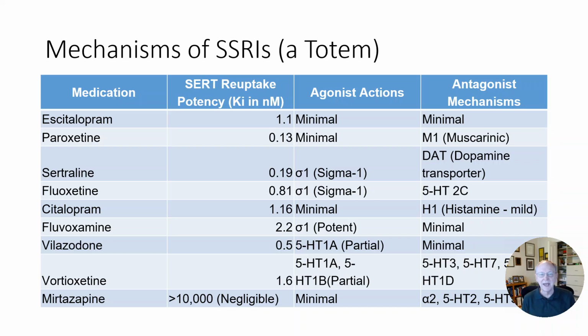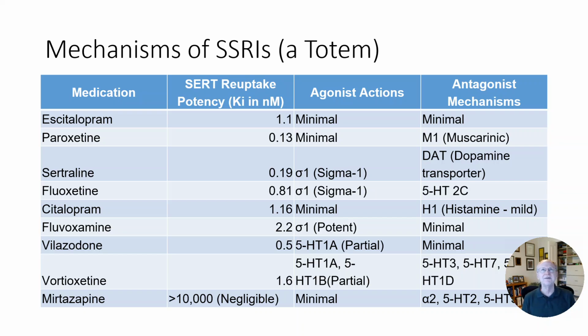But you don't have to block the reuptake of serotonin at all to be effective. You can see that with Remeron there at the bottom. Similarly, they have all these other agonist actions and they have all these antagonist actions. And what does it mean?